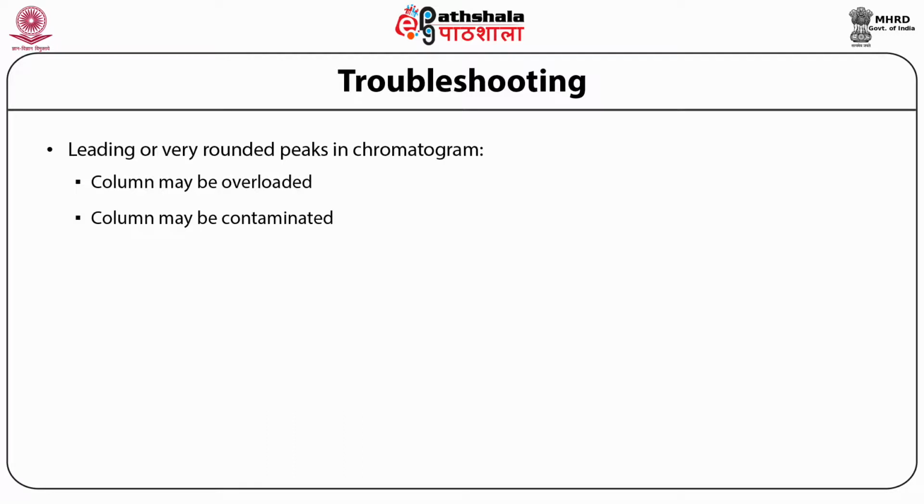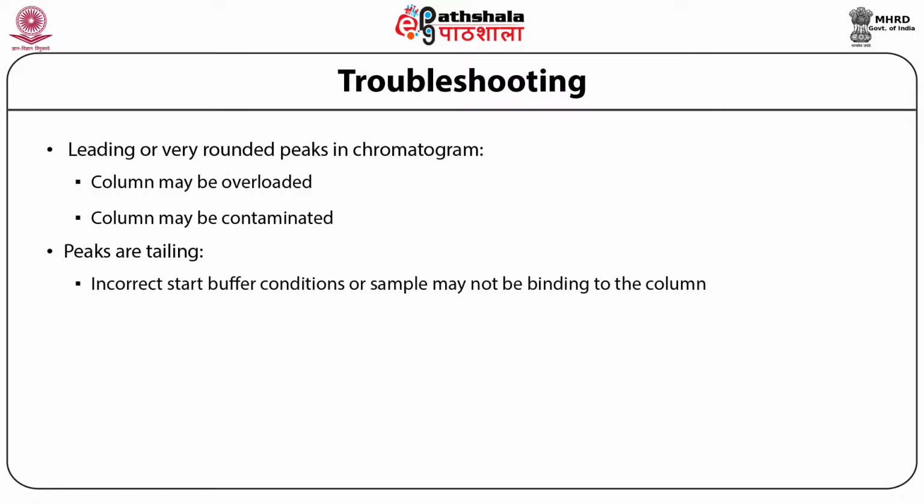Now, the other problem that could arise could be that the peaks are tailing, that is, they have a longer tail. Now, the probable reason for such a problem could be incorrect start buffer conditions or the sample may not be binding to the column. Now, to avoid this, adjust pH and check salt concentrations in the start buffer.